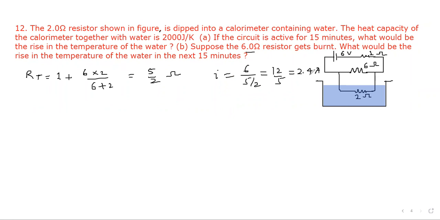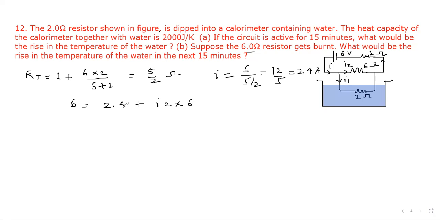Now we can use the loop law. Suppose current I is coming from the battery, and this is I2, and this is I1. So we can make the equation. So 6 equals, here current I is passing through 1 ohm, so it will become 2.4 times 1 plus I2 times 6.